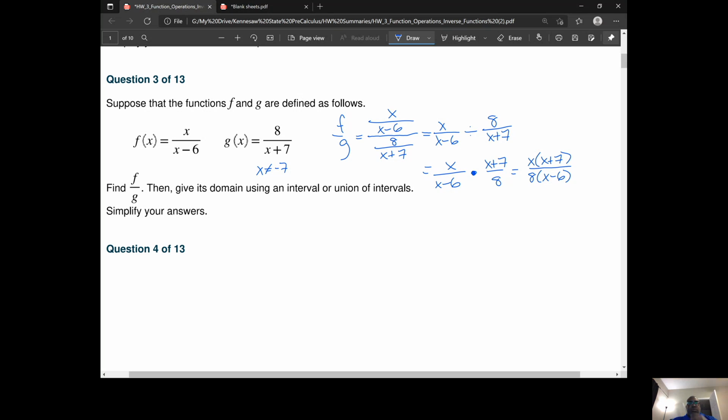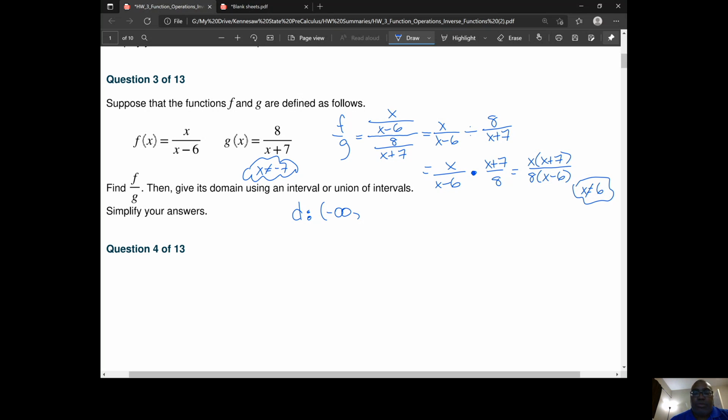All right, and now we want to know what our domain is. So the domain of this is, start at negative infinity. We know that with the resultant function, x cannot equal 6. So we go back, not equal to 6. We also have x equal to -7.